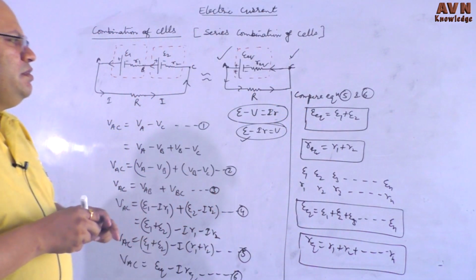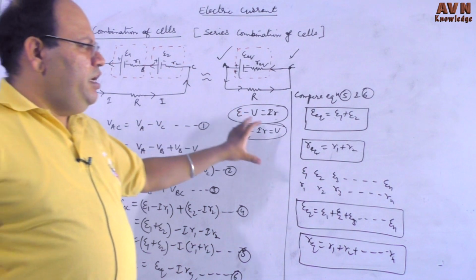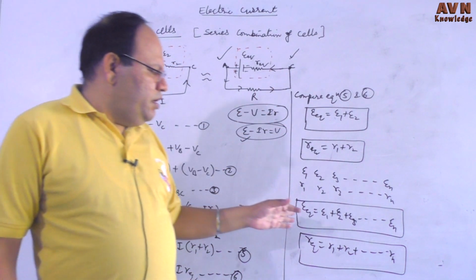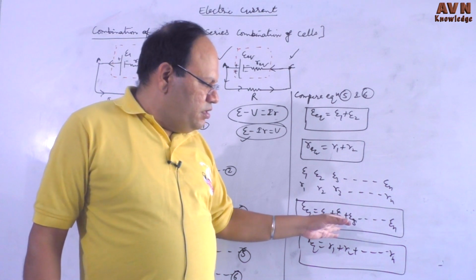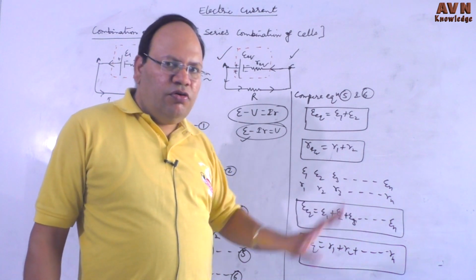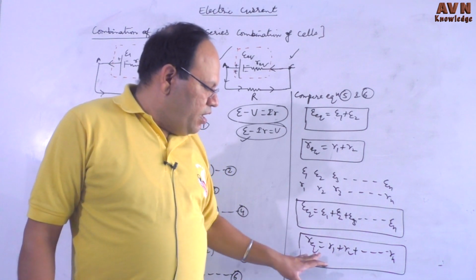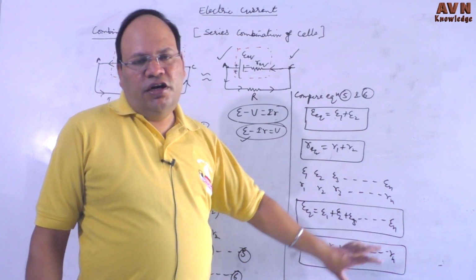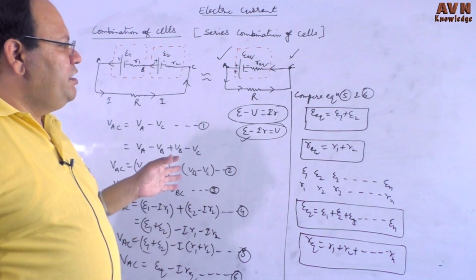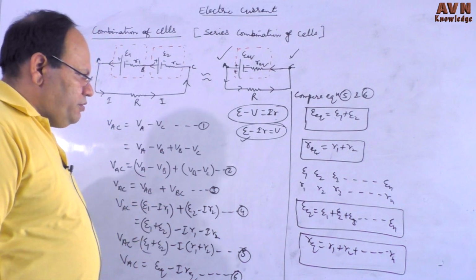So the equivalent EMF in series combination will be E1 plus E2 plus E3 and so on, and the internal resistances R1, R2, R3, when N number of cells are connected in series combination.